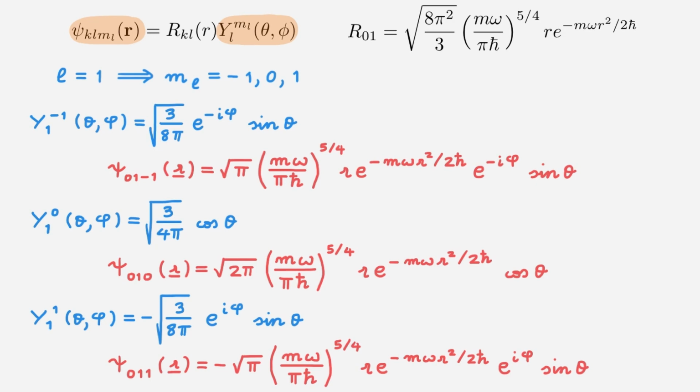However, we do know that we can always make linear combinations of eigenfunctions corresponding to a degenerate eigenvalue to obtain equally valid eigenfunctions. And you should now go and try this out and try and relate today's results with those that we got in the video where we used Cartesian coordinates.